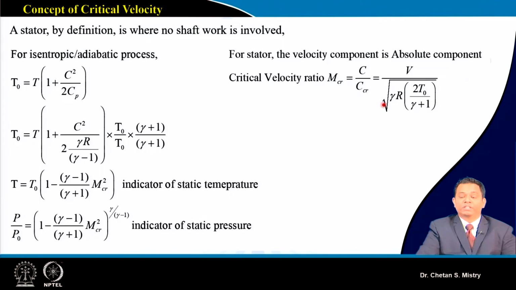What I know is this is my critical Mach number. So modifying my equation, it is given in this form: my T is given by T0 into 1 minus gamma minus 1 divided by gamma plus 1 times Mcr square. So all the static temperatures we are calculating will be based on my critical Mach number.